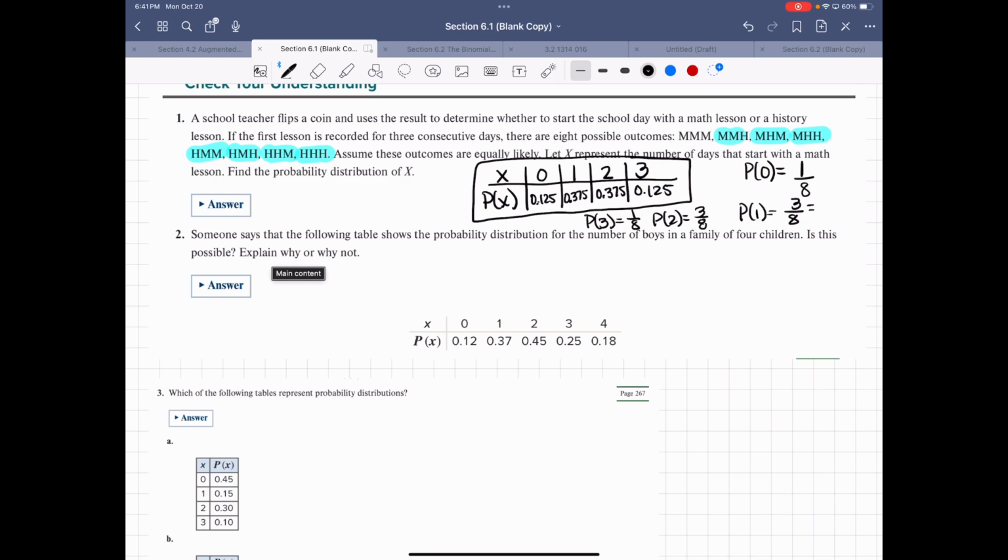Everybody's between 0 and 1, so that box is checked. Now, the next one I have to ask myself, do they all add up to 1? No, what do they add up to? 1.37? Okay, so the summation of P of X equals 1.37, so this is no, because that is greater than 1. Good job.